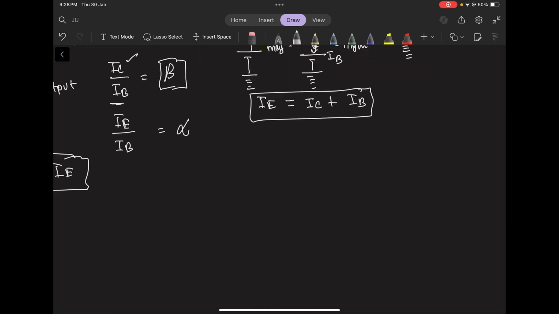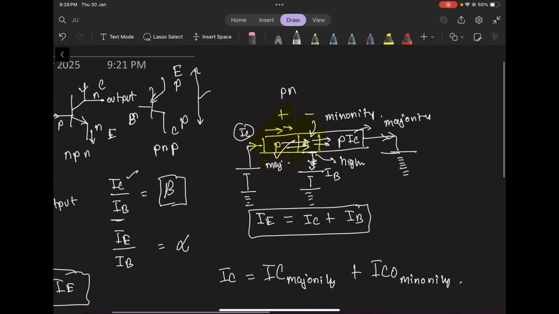Keep this in mind that even though IC, or the collector current, mainly comprises of the majority carriers, it also includes a component ICO due to the minority carriers, since in a BJT these two layers are fused.